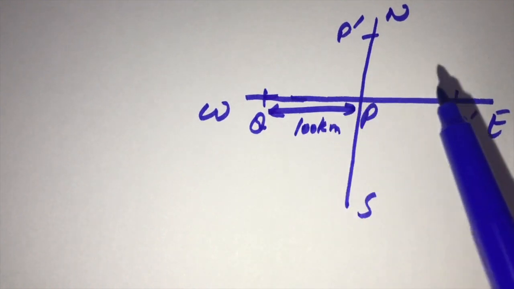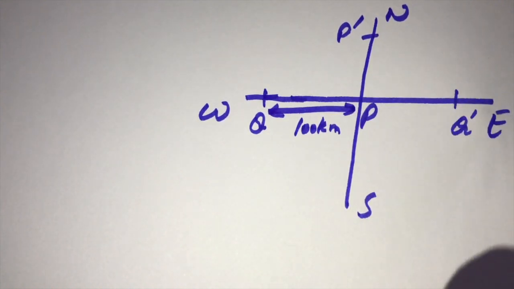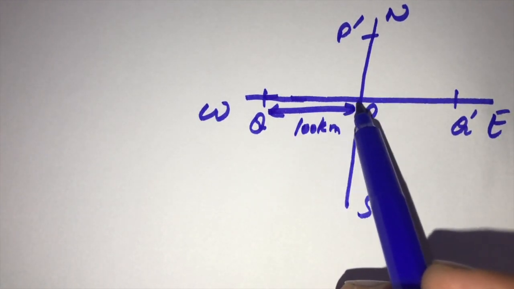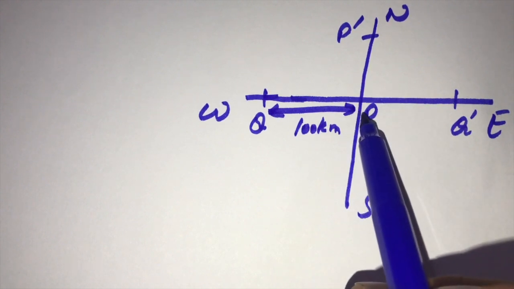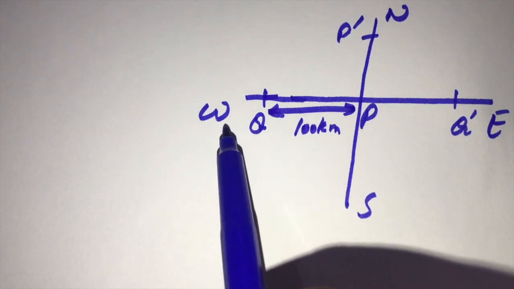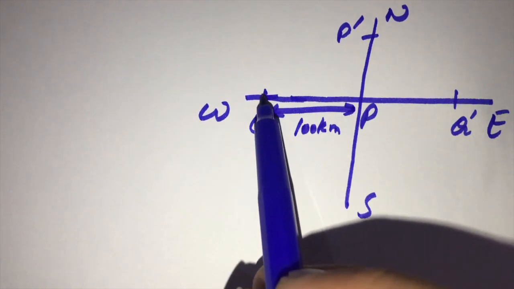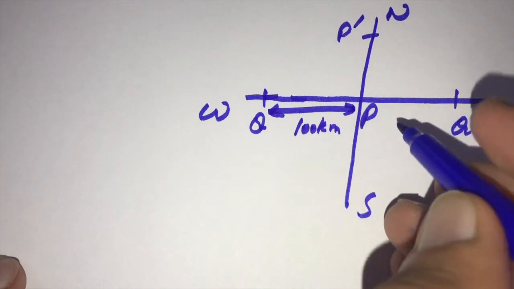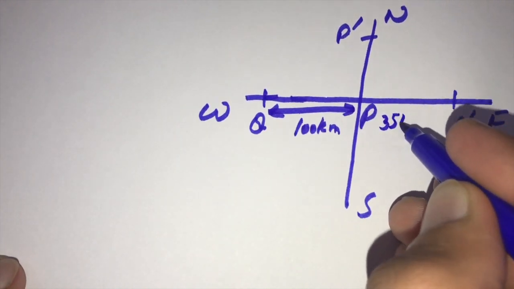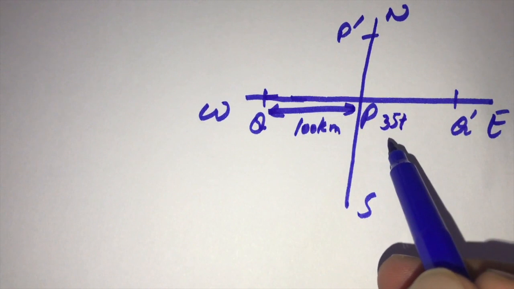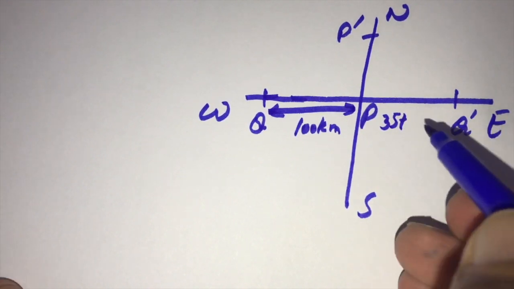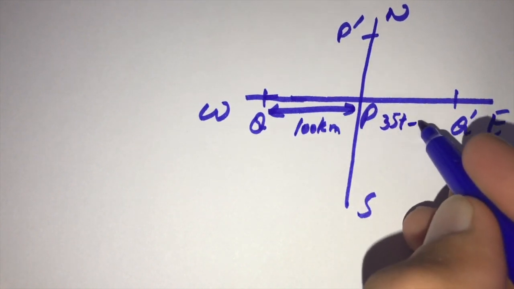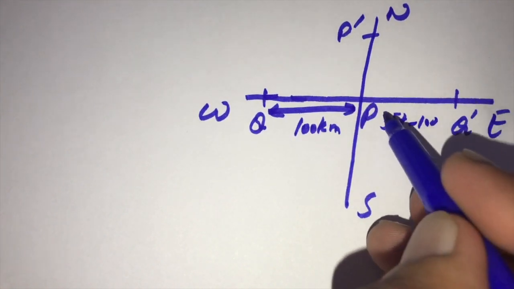If we take the point P as our origin, ship A is at 100 km when it is at point Q. When it is at point Q dash, then it is 35 t, because ship A is sailing at 35 km per hour. So 35 t minus 100 km is our point Q dash.